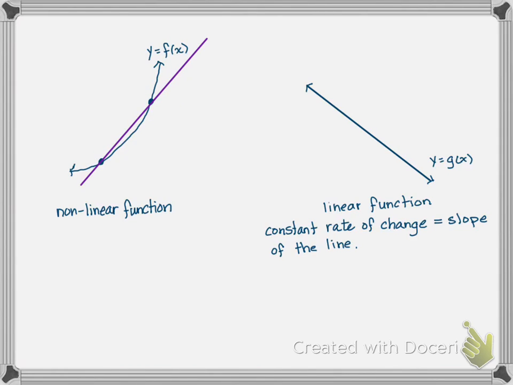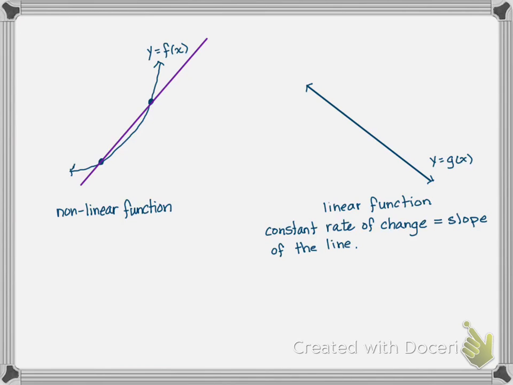So we can't say the slope of a nonlinear function is a particular value, because there's nothing constant in terms of rate of change that we can say about the function itself. It depends entirely on where we are on that graph, what the steepness is.